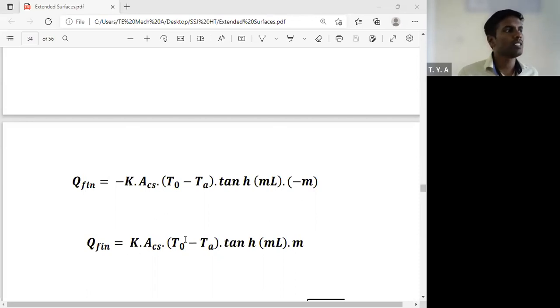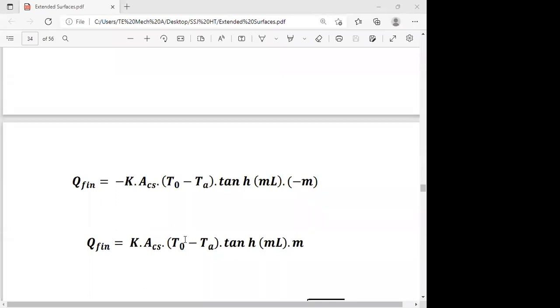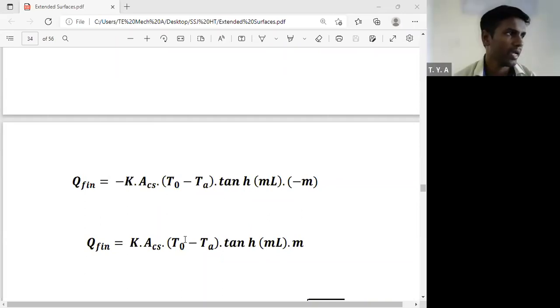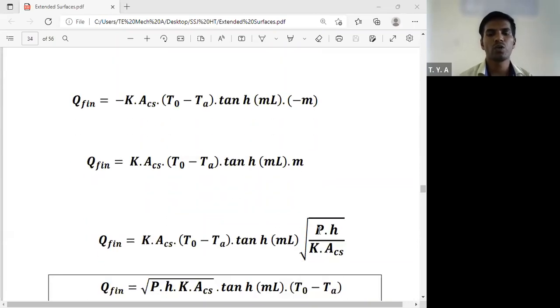But what is the value of m? Tell me the value of m. What is the value of m? Square root of hp upon ka. Put that value of m into this equation: square root of hp upon k into a.